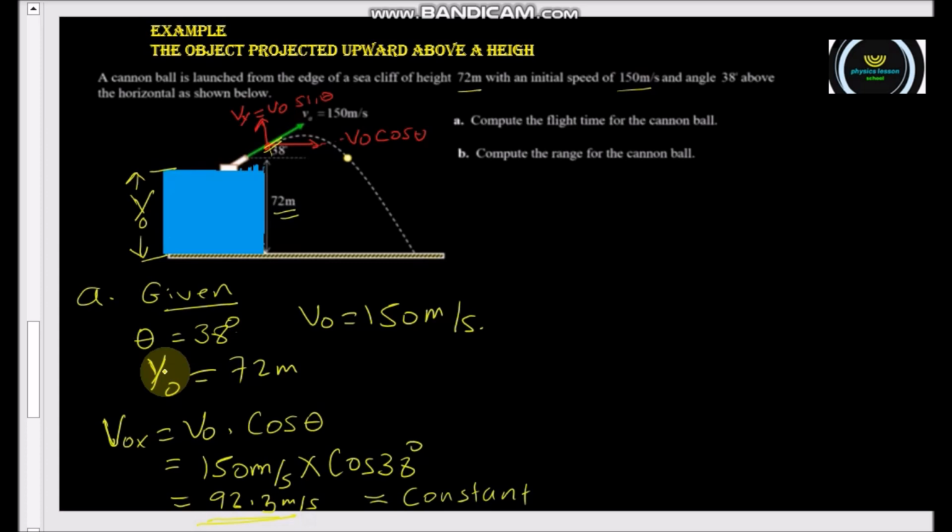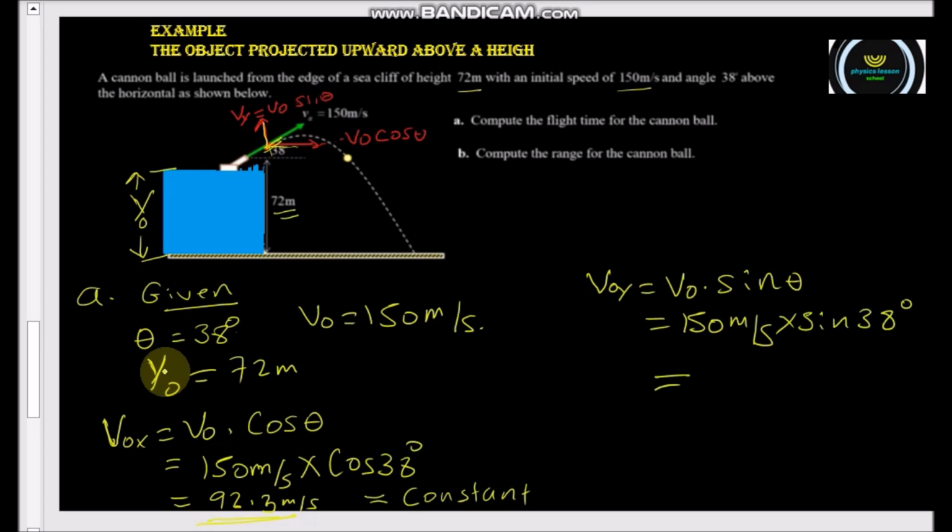Now what about the vertical? For the vertical, we have v naught y is equal to v naught times sine theta. V naught is 150 meters per second, because here the red color shows the decomposition of the velocity for the horizontal and for the vertical, times sine 38 degrees.